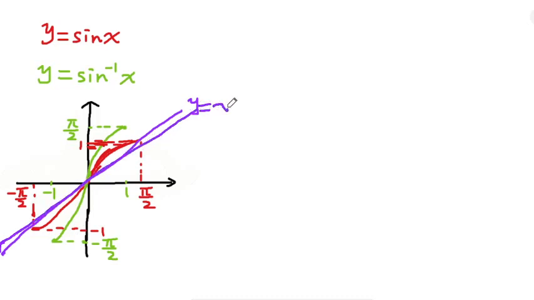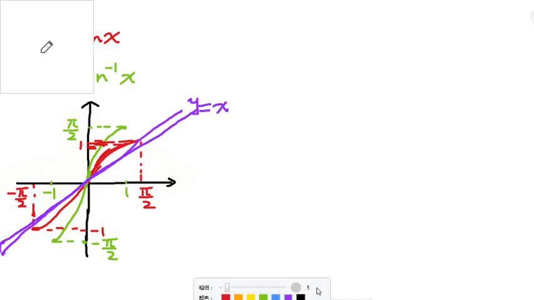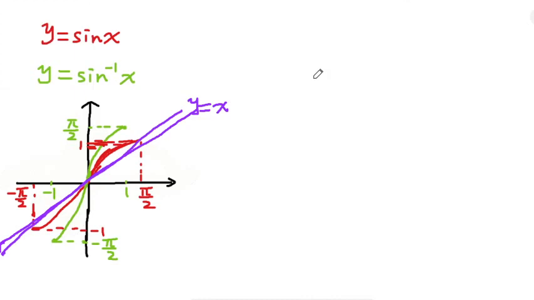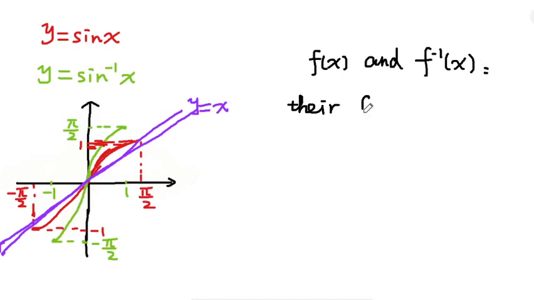Y equals x. So what does this mean? For any function f(x) and its inverse, we already checked the domain and range, but we haven't checked the relation between their function curves.